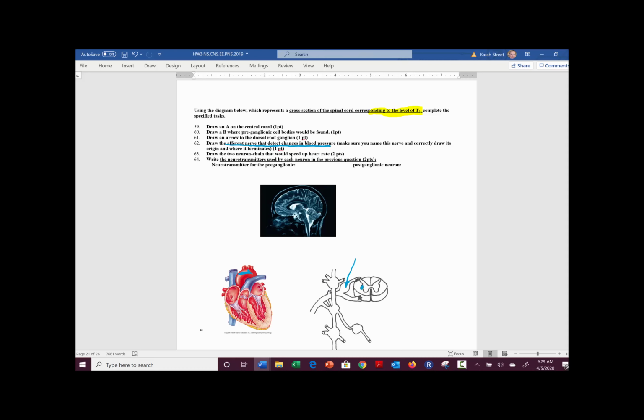And the only afferent nerve that is going to relay that up to the medulla oblongata is the sensory portion of cranial nerve 10. So it's going up to the brainstem. So that's cranial nerve 10. Make sure you name this nerve and correctly draw its origin. Well, for the sensory part, it's going to come off of those baroreceptors, and it terminates on the medulla oblongata.